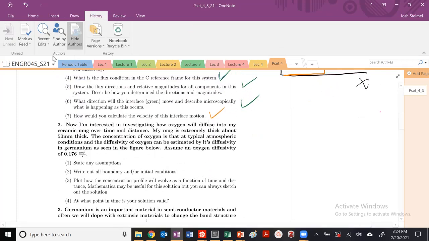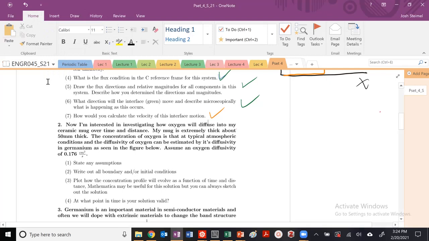Now I'm interested in investigating how oxygen will diffuse into my ceramic mug. My mug is thick, 50 millimeters thick. Let's say I have this circular mug that is very, very thick, and my mug is filled. So it is 50 millimeters. The concentration of oxygen at atmospheric is about 0.21, or 21%.